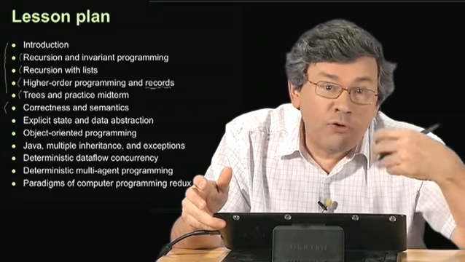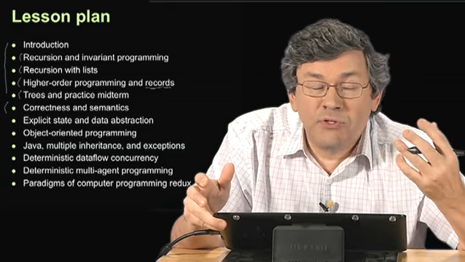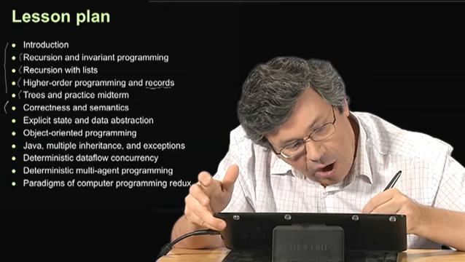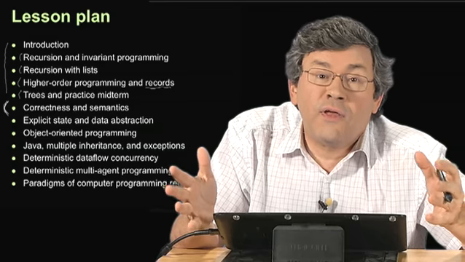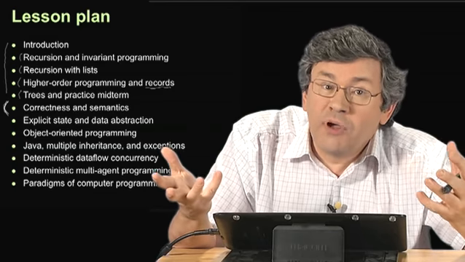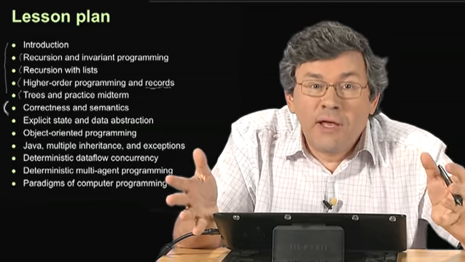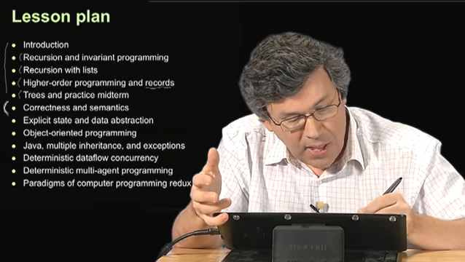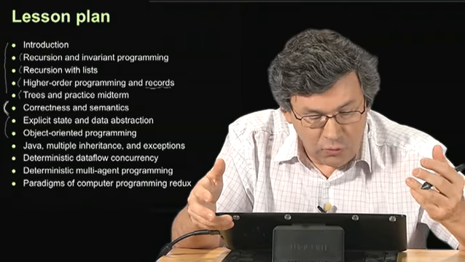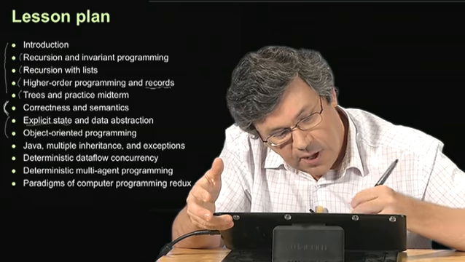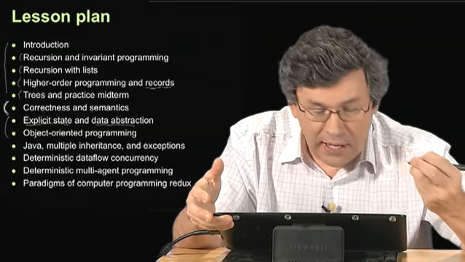Then we will go into the next theme. In the first part, we already introduced some semantic concepts, but we will bring it all together in lecture number 6, where we will talk about correctness and semantics, and present the abstract machine, which gives the semantics of the whole system. Then we will go on to the third theme, which is data abstraction. We will present explicit state and the different ways of doing data abstraction.